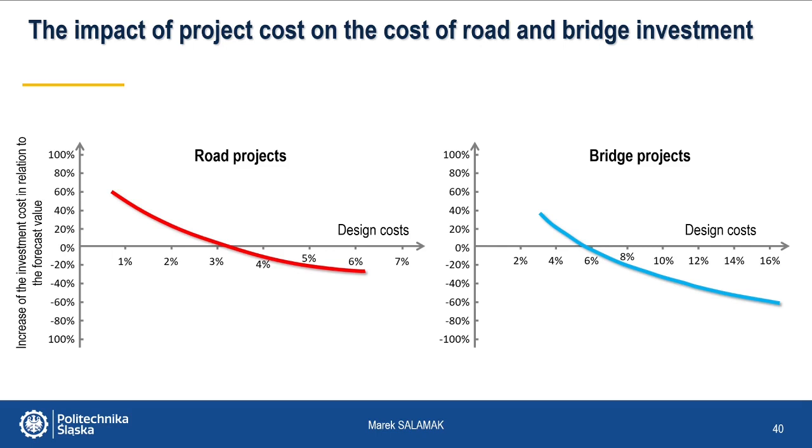The impact of design expenditures on the cost of road and bridge investment can be seen in these two charts. They were prepared on the basis of data from the USA. Although the expenditure on bridge and road design varies considerably due to the higher complexity of bridge project, the impact of the project on the final financial result of the investment is crucial for both types of facilities.